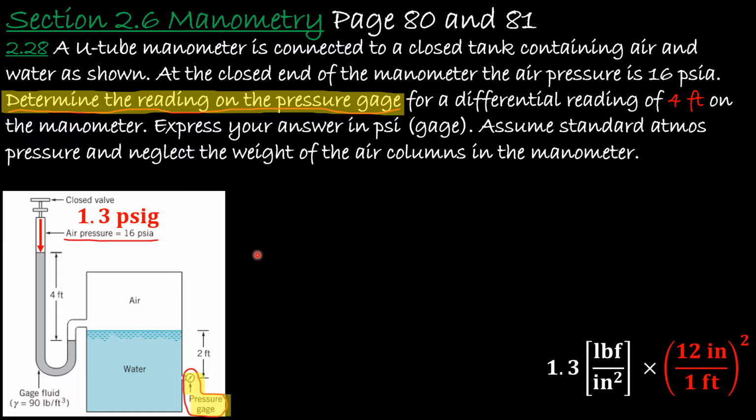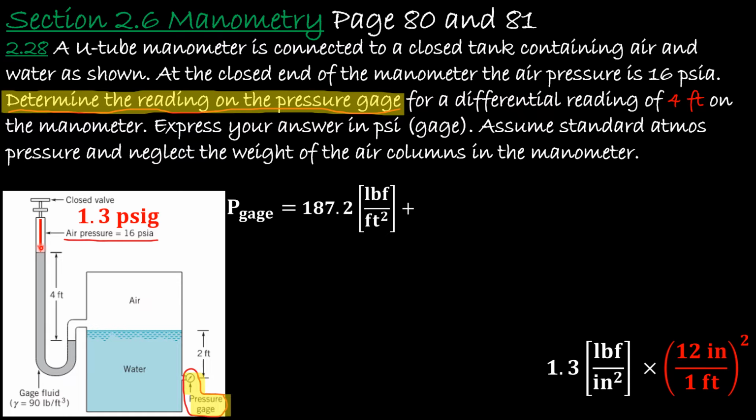So now our goal is we want to find the pressure at this point. So let's start and write pressure gauge, because that's what we want to find. What we will do is go all the way to the other side of the setup, and we will start all the way at the end.